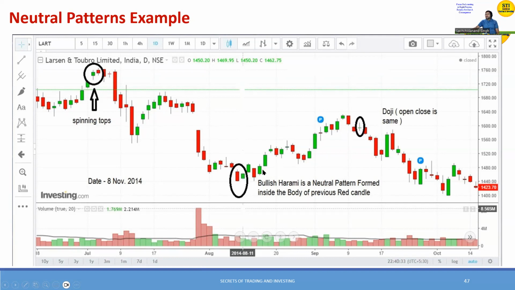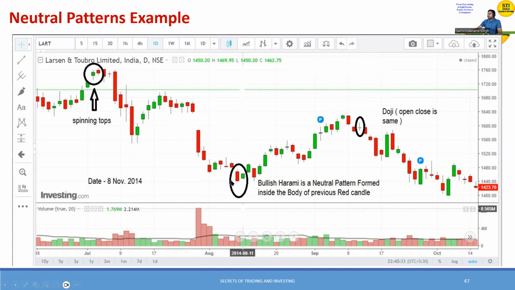And the spinning top is again a smaller body, not very thin, but a small body, with maybe a smaller wick both up and down. That means not much price movement is happening. It is not giving a clear-cut indication of the price movement. It is a smaller body with a smaller wick. That is called spinning top.